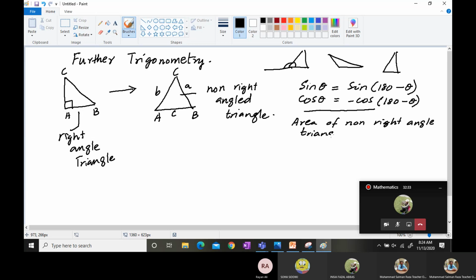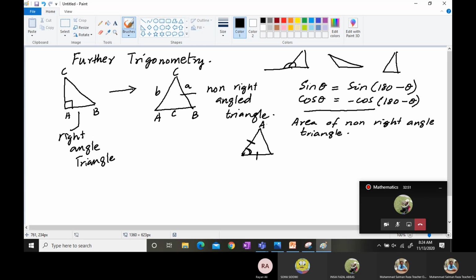triangle can be written in the way that if, let's suppose, they have given us this figure and they have marked this side, and this side is mentioned, and they have given us this included angle.